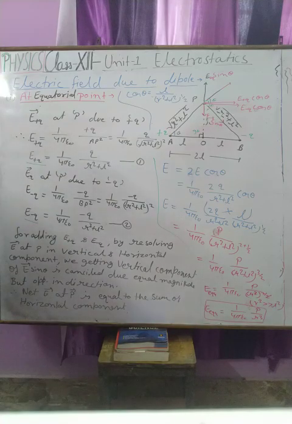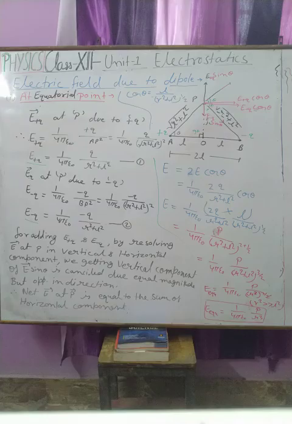In the next class we are deriving a formula for the general point and for a ring, electric field for a ring. So student, we are stopping here. Thank you.